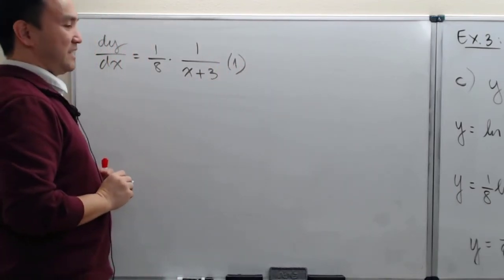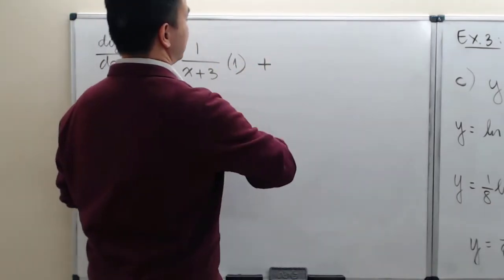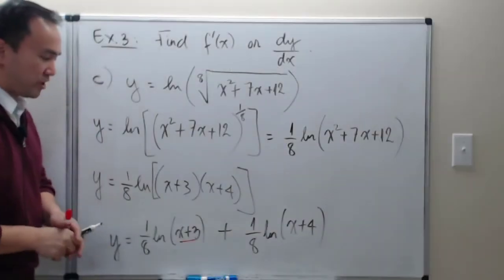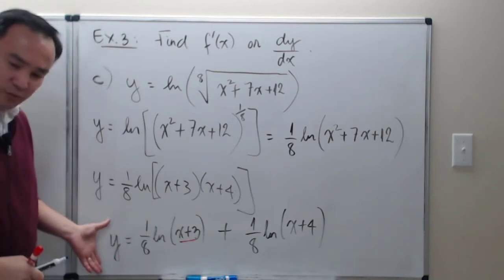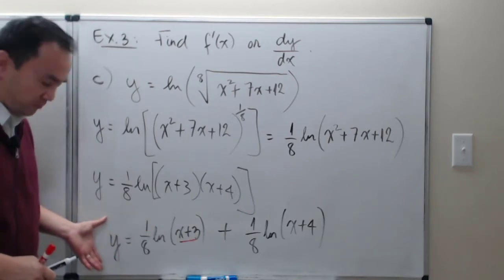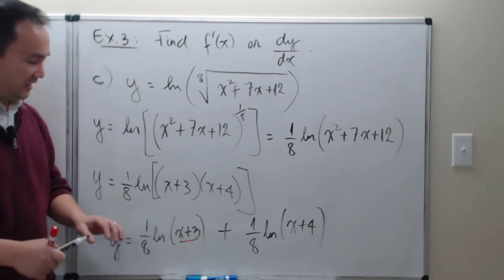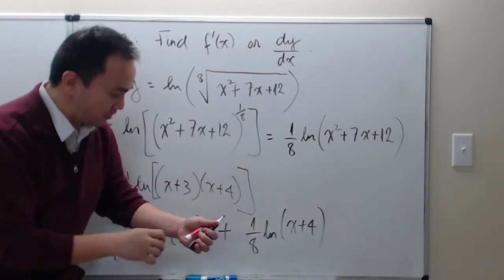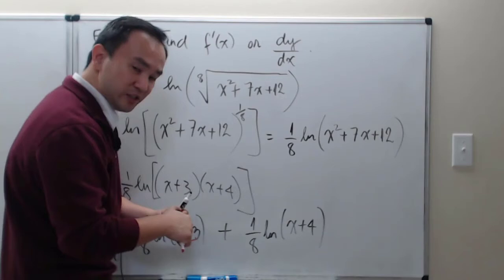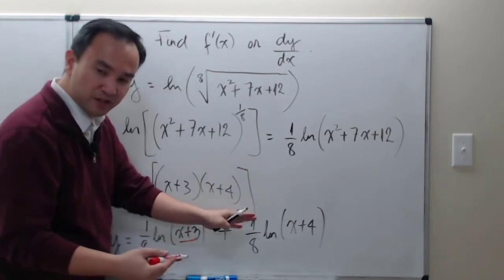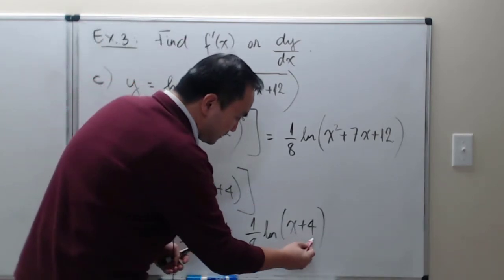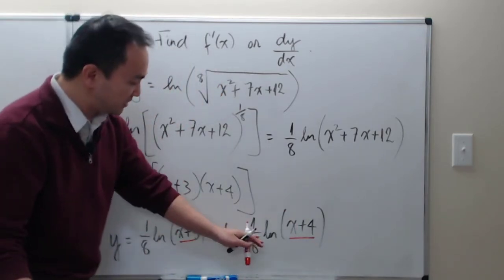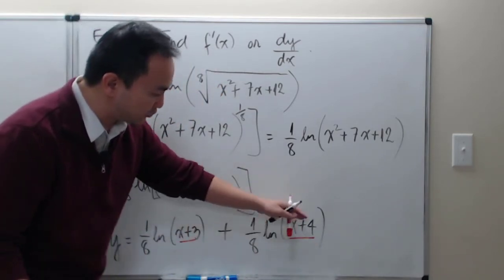Now I am going to add. Let's one more time look back at the expression we had in the beginning. This is your original function. Because derivative rules allow us to take the derivative term by term, this is the inside of our next term here: 1/8 times the natural log of x plus 4.